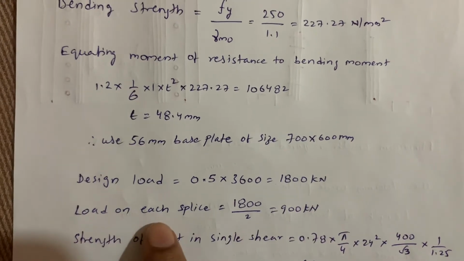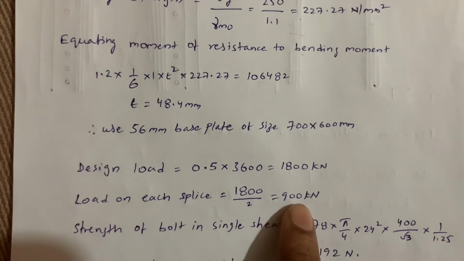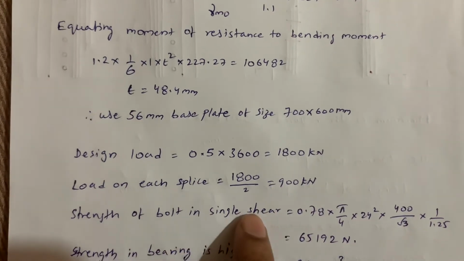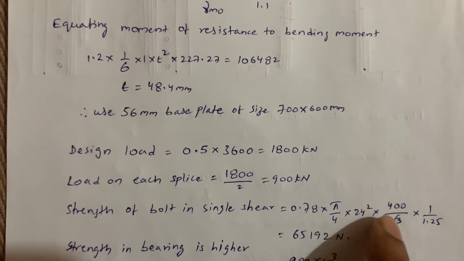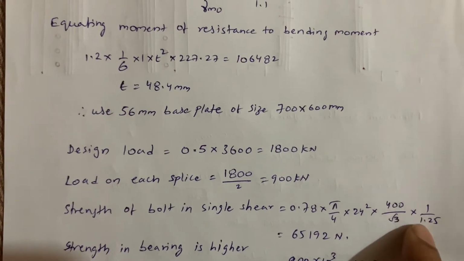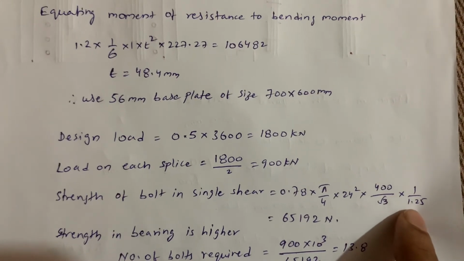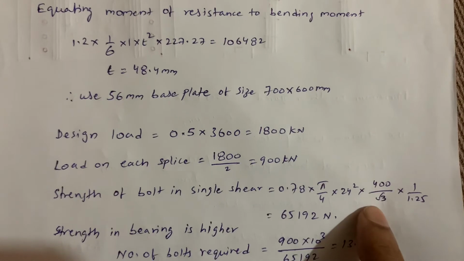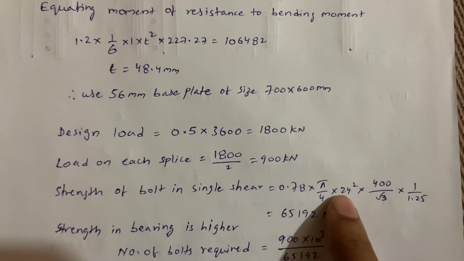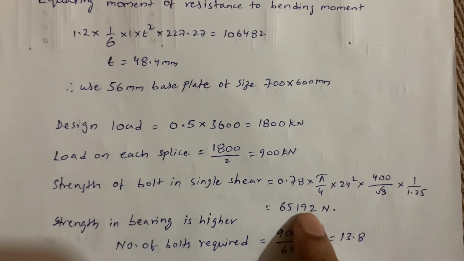The load on each splice is half of this load, that is 900 kilonewtons. The strength of the bolt in single shear is 0.7 into pi by 4 d square, we know that, into fu by root 3 into 1 by gamma m0. Here 1.25 is the partial safety factor, fu is the ultimate stress, that is 400 by root 3, and d is 24, squared, that is the bolt diameter.